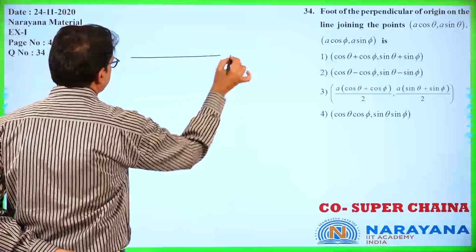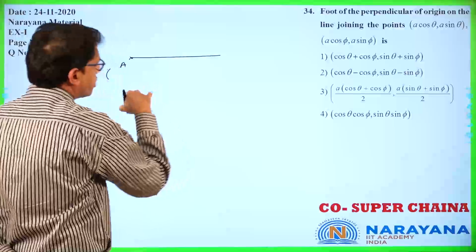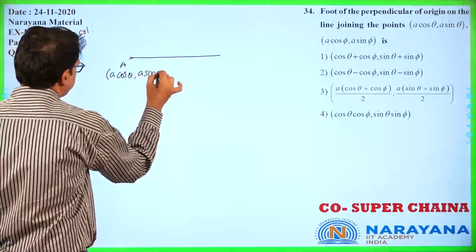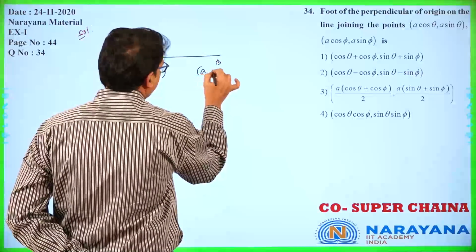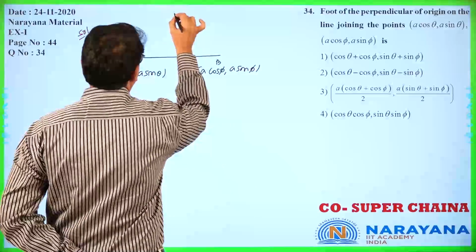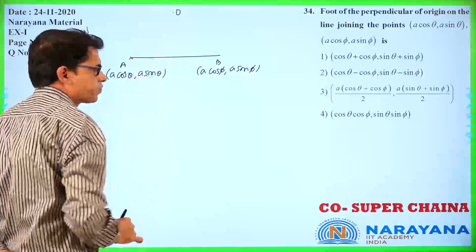These are the 2 points: say point A has coordinates a cos theta, a sin theta, and the coordinates of another point B are a cos phi, a sin phi. Somewhere we have the origin here, so we have to find the foot of the perpendicular.